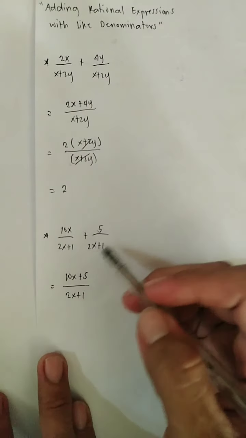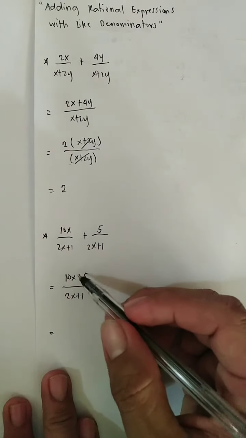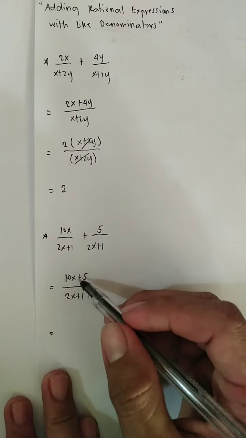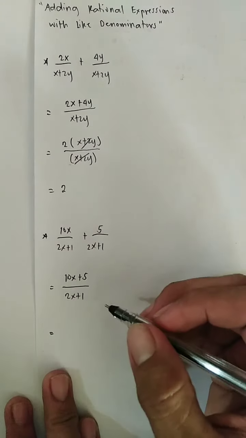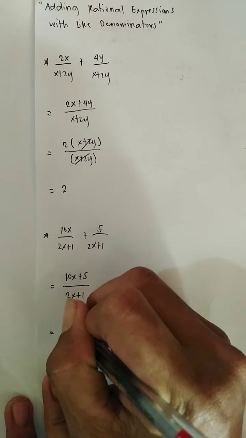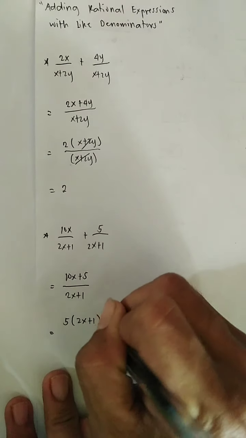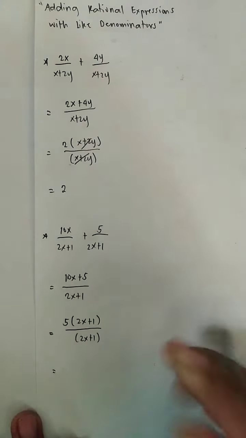Then 10x plus 5 can still be factored, so let us factor out 5 from the numerator.